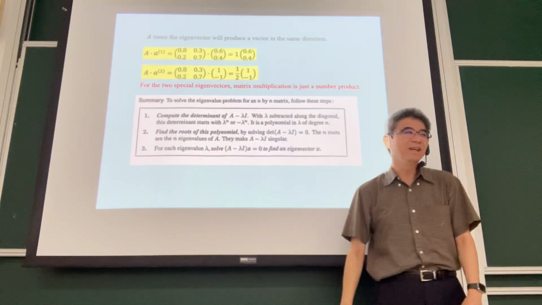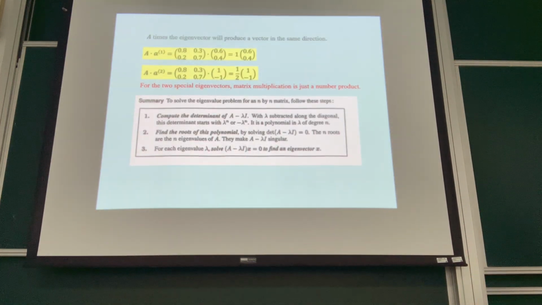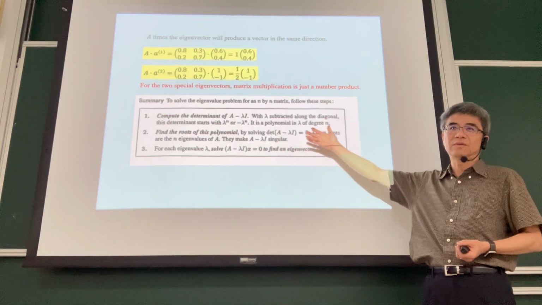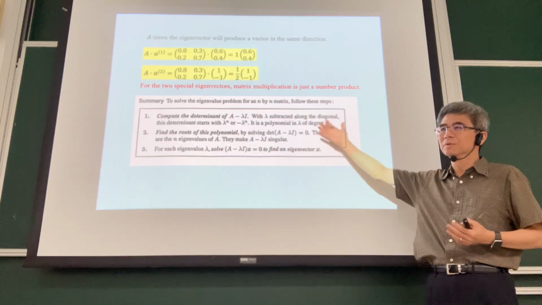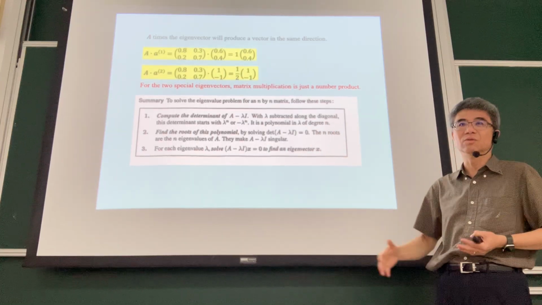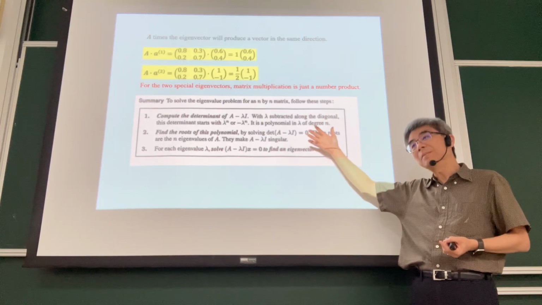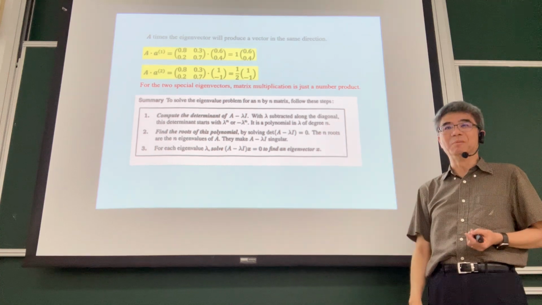So most of the applications you are going to encounter in physics are usually restricted to 3 by 3. I don't remember encountering any problem for 4 by 4 or 5 by 5. But maybe in your career you'll meet a problem for a 6 by 6 or 7 by 7 matrix.